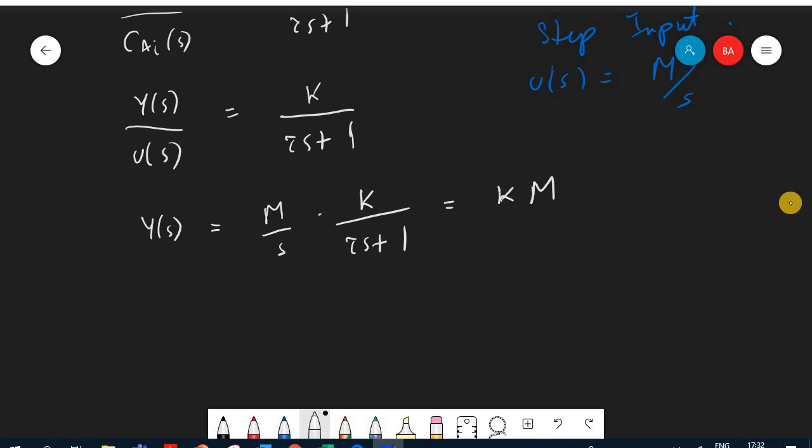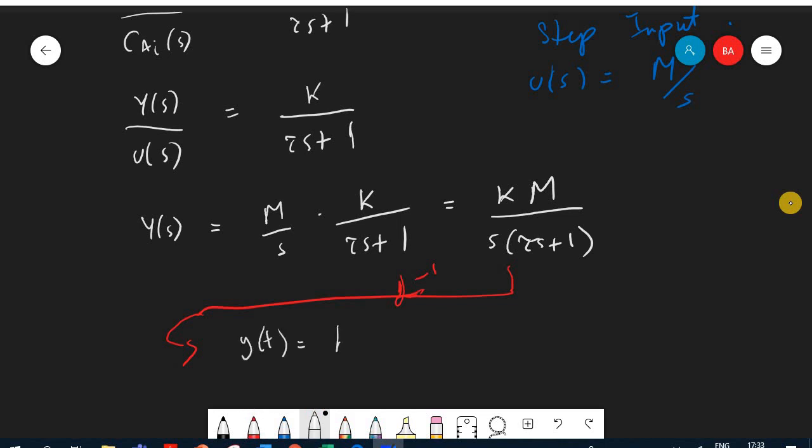If you go to the Laplace tables and apply the Laplace inverse, you're going to find that y of t is equal to Km into 1 minus e to the power minus t over tau.